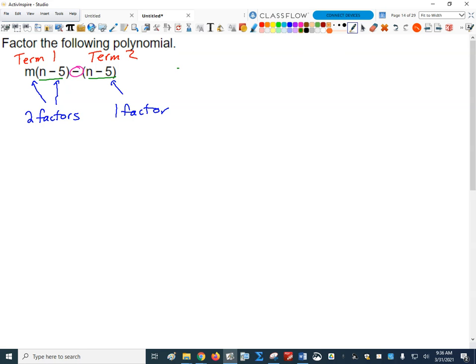Okay, so I could factor out an n minus 5, and what's left behind if I do that? N minus 5 times what is m times n minus 5? No, let me say it again. N minus 5 times what is m? M. Everybody see that? It's m.